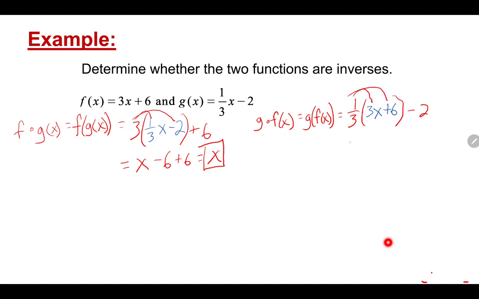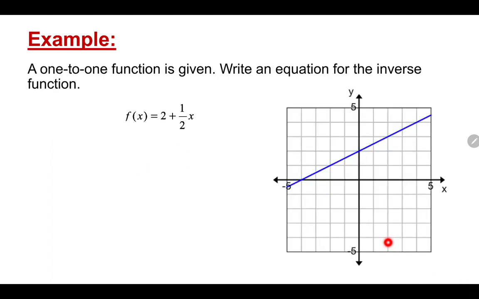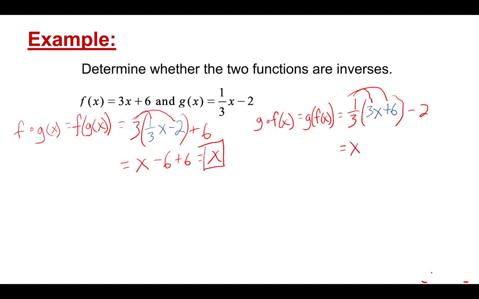So 1/3 times 3x is just going to be x. 1/3 times 6 is 6 over 3, which is going to equal +2, and then we have the -2, which is going to equal x.